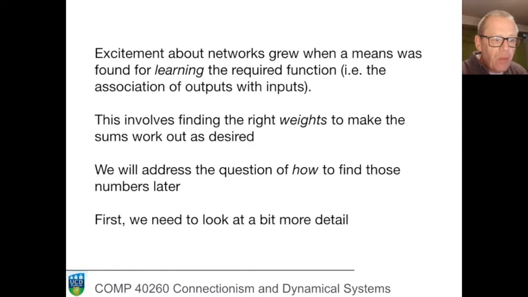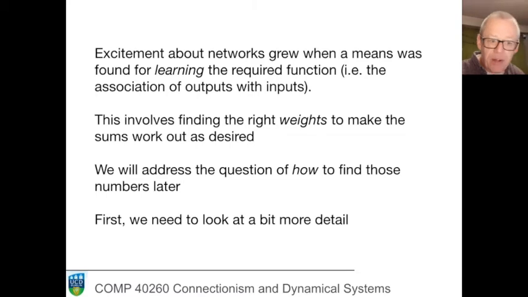So, with that in mind, we need to address a little bit more detail about the computations that are done by these simple units in the network. Around the mid-1980s, neural network research, which had fallen into the doldrums, was resuscitated because of the development of powerful means for learning the required function, that is, finding the correct weights that will map from those inputs to those outputs.